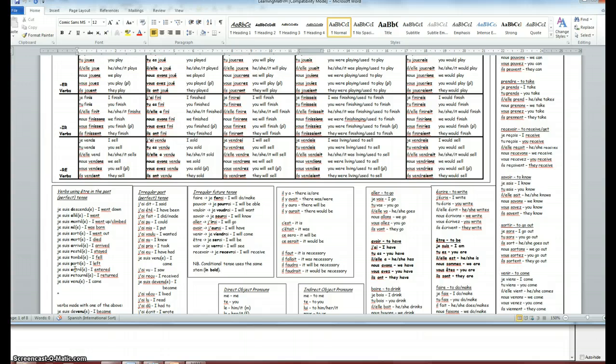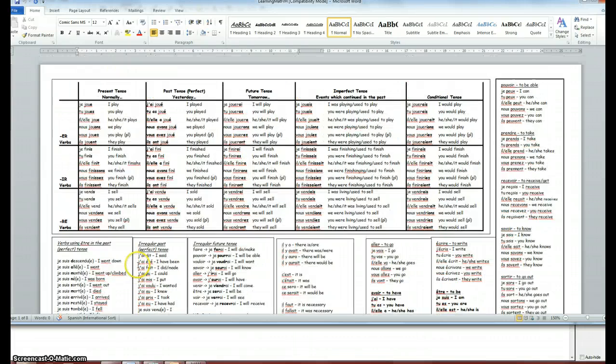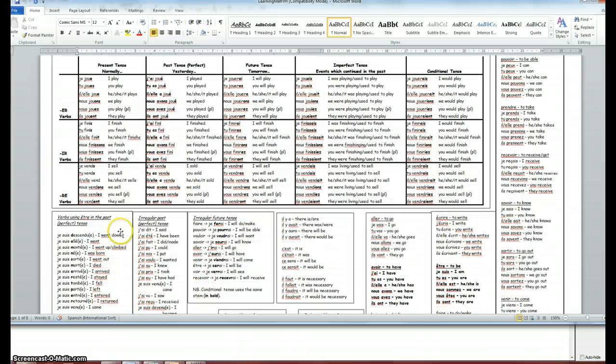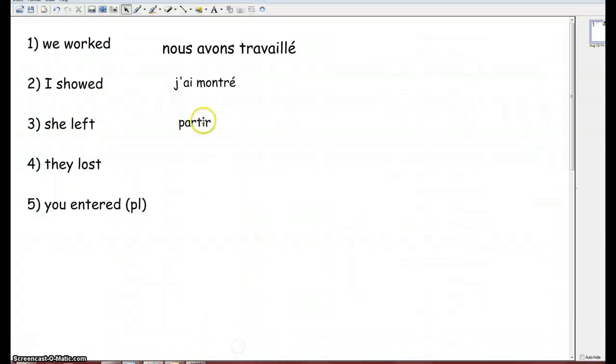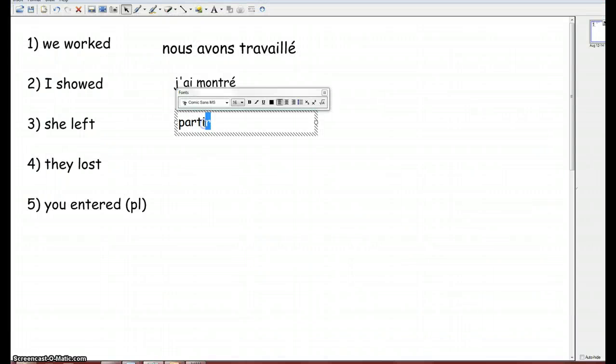And straight away we've got the past participle. We can see parti is the past participle, and that makes sense because partir is an IR verb, and if we compare it to the one in the grid, finir, we've got past participle j'ai fini ending in an I. So that makes sense for the past participle, so we'll put that in straight away.